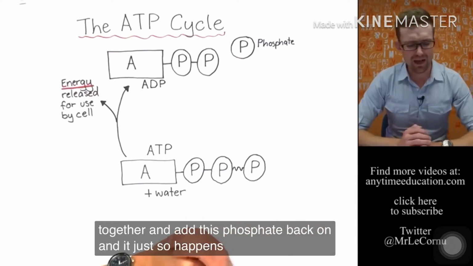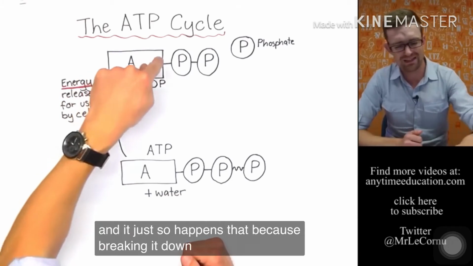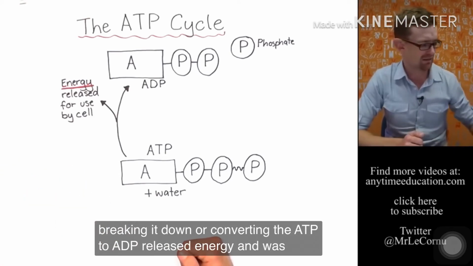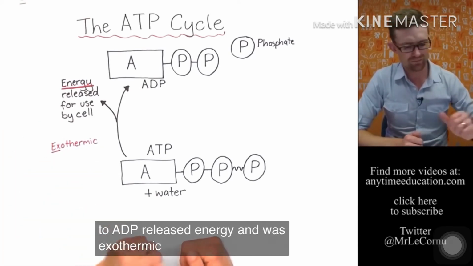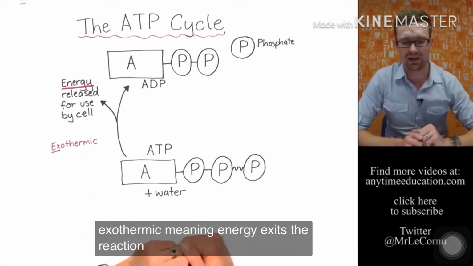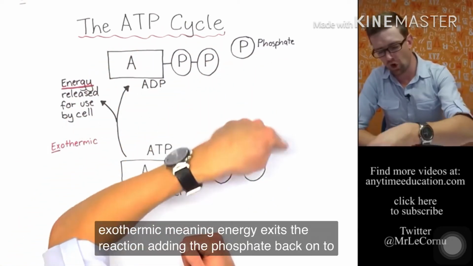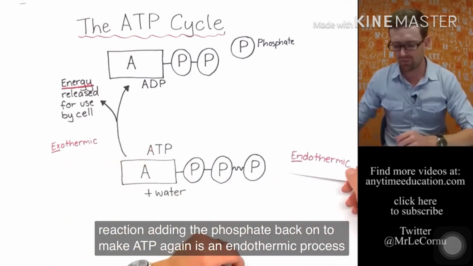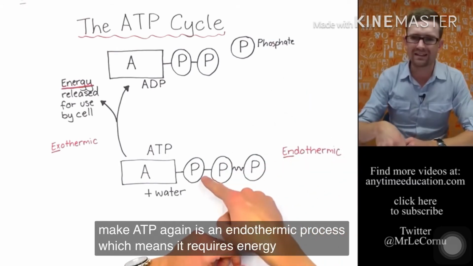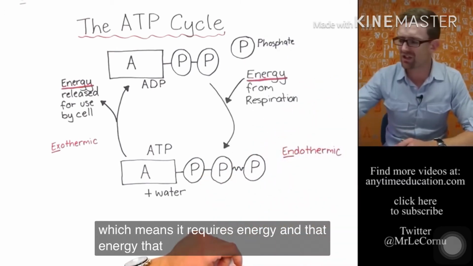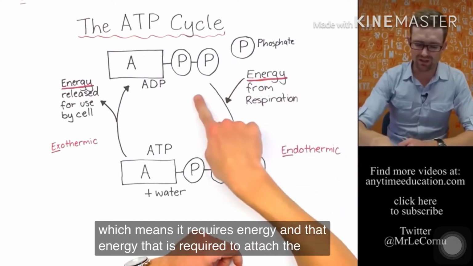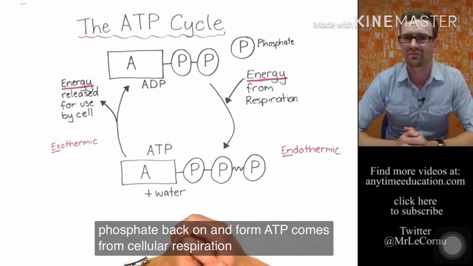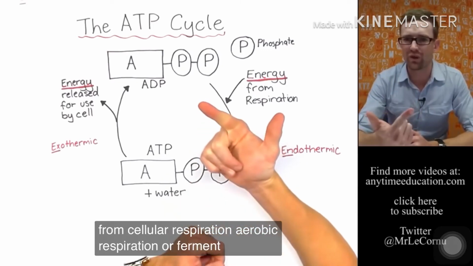And it just so happens that because breaking it down or converting the ATP to ADP released energy and was exothermic, meaning energy exits the reaction, adding the phosphate back on to make ATP again is an endothermic process, which means it requires energy, and that energy that is required to attach the phosphate back on and form ATP comes from cellular respiration, aerobic respiration, or fermentation.